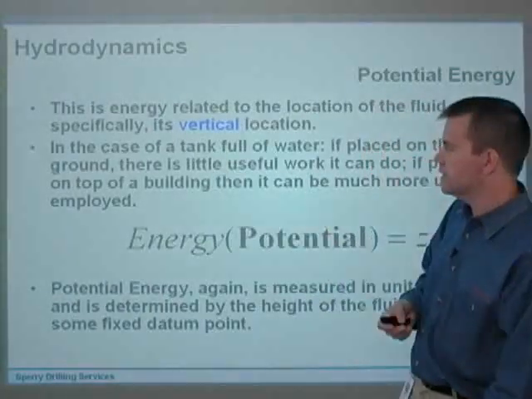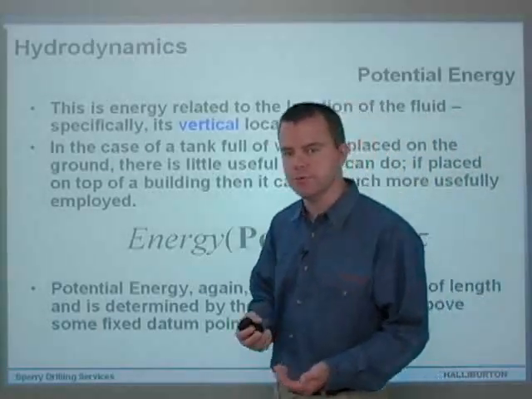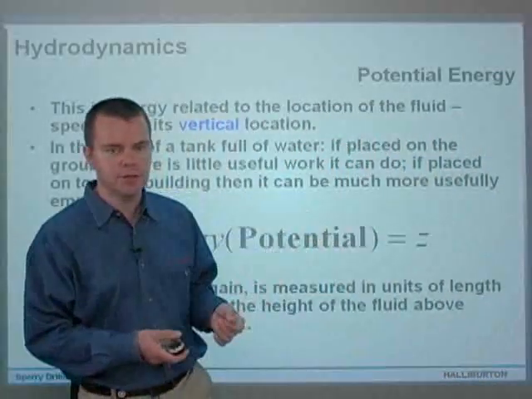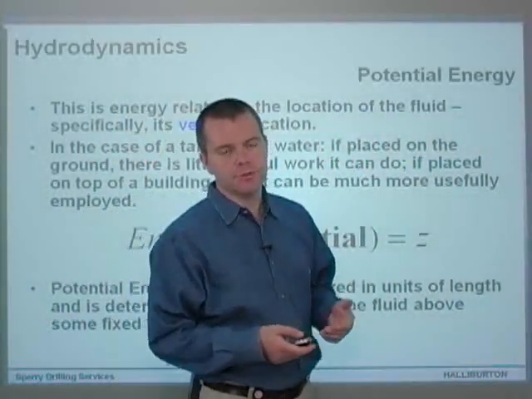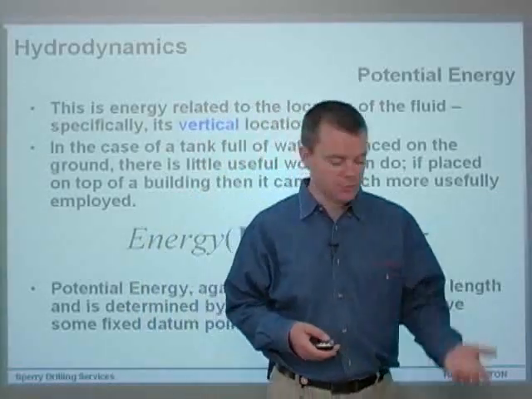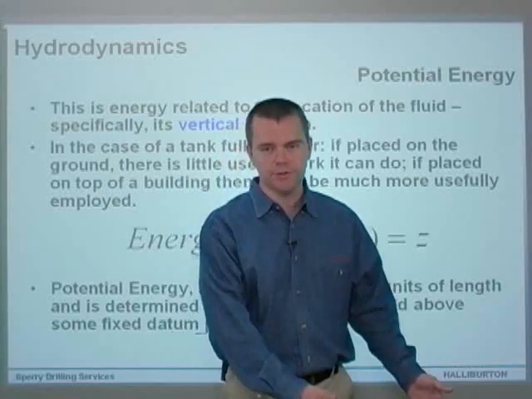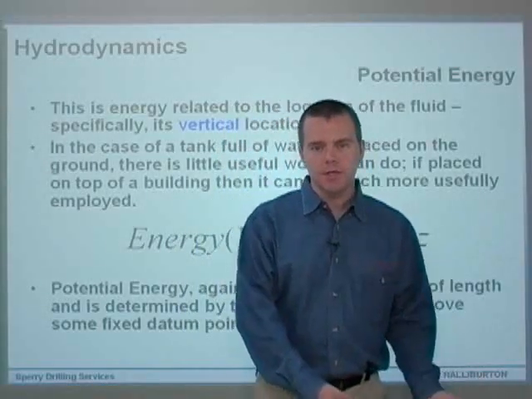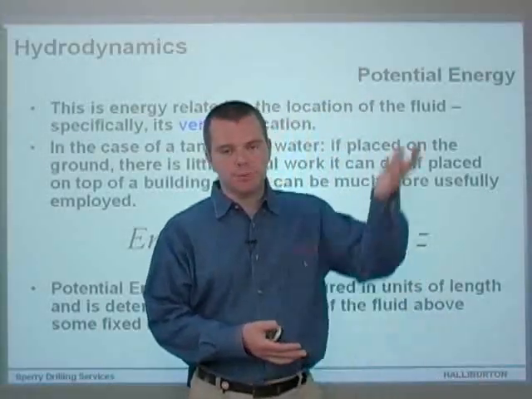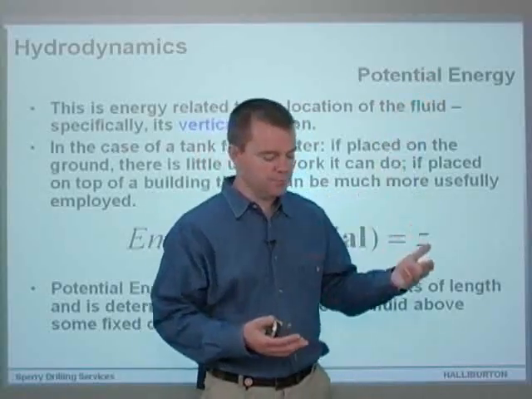Now, potential energy. This is the energy related to the location of the fluid, specifically its vertical location. In the case of a tank full of water, as I mentioned before, if you place it on the ground, there's very little useful work it can do because it's already at ground level. If you place it on top of a building, then there's a lot of useful work it can do.